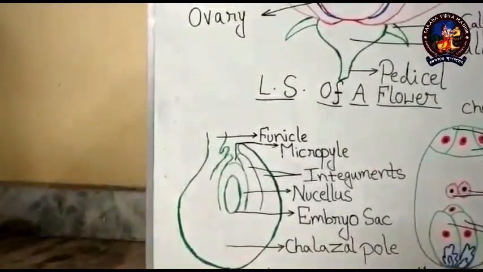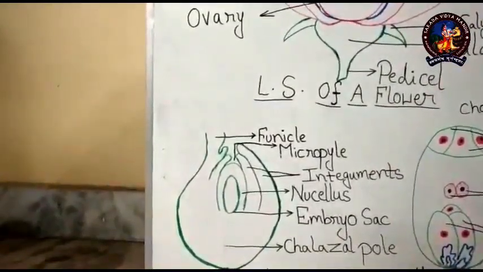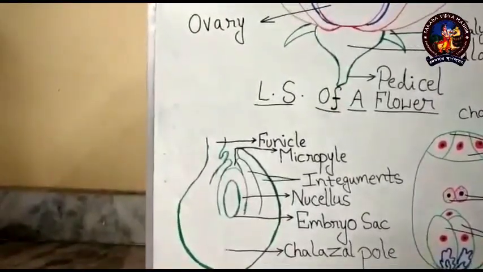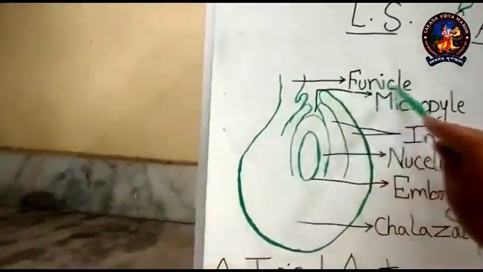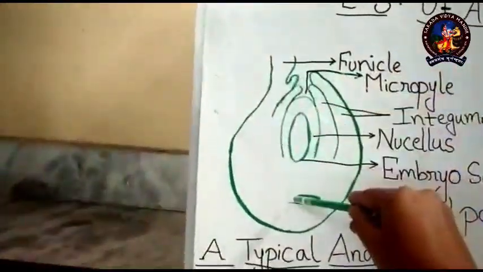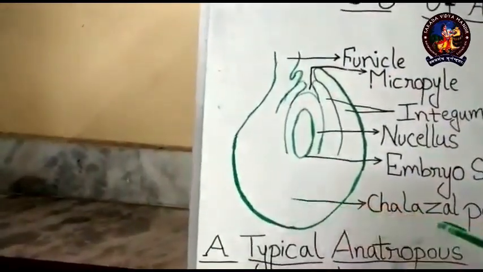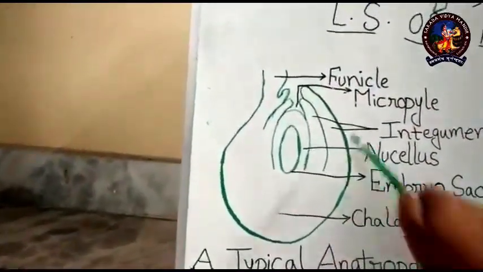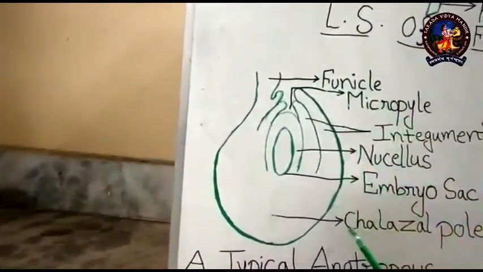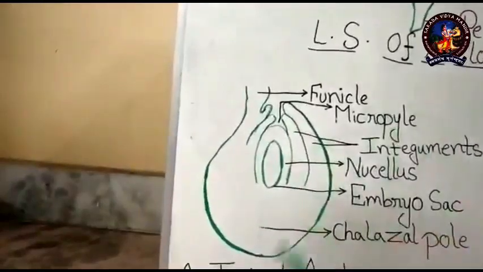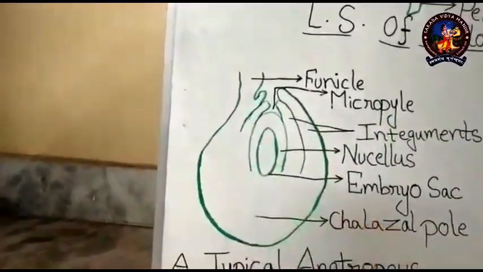The integuments encircling the embryo sac do not completely encircle it. There's a pore, called the micropylar end, and the portion just opposite to the micropylar end is called the chalazal pore. Depending upon the arrangement of the micropylar end and the chalazal pore, ovules are named differently, but in our book it is the anatropous ovule, so we will be reading about that.